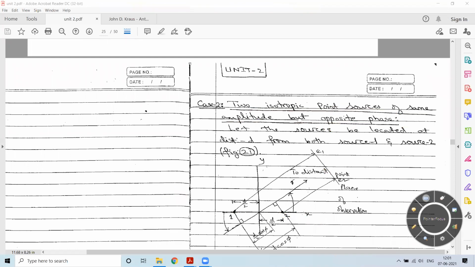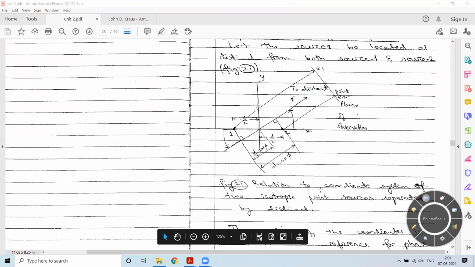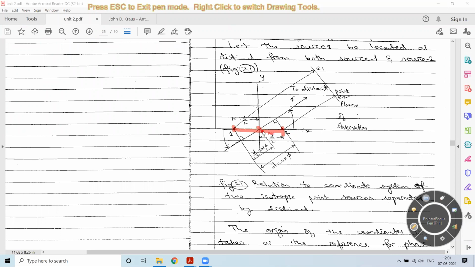Now again, the geometrical analysis is the same. We have two sources, source 1 and source 2, which are separated by a distance of d between them. If I consider this as the reference point, the distance of source 1 from the reference point is d by 2, and the distance of source 2 from the reference point is d by 2.